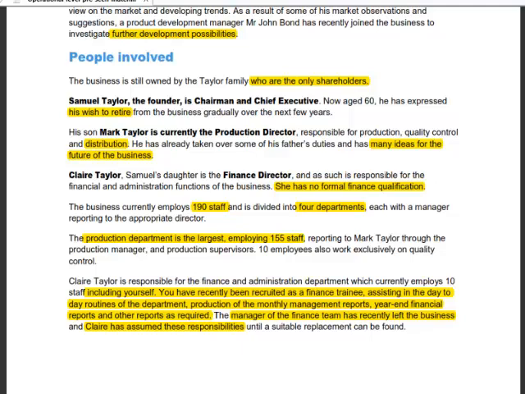We've got one child, the son, who's got wide responsibilities: production, quality control, distribution. He's taken over some of his father's duties, so presumably some managerial duties, and has many ideas for the future of the business. So he seems to have a lot of power and a lot of responsibility. Maybe some of the issues there might be bringing in other people, delegating, and so on.